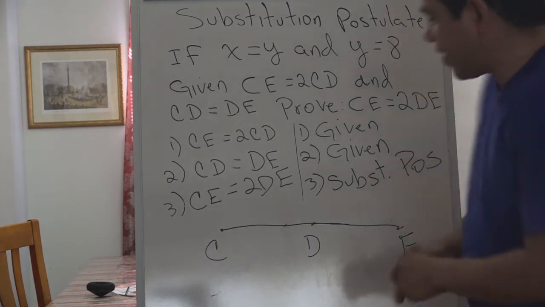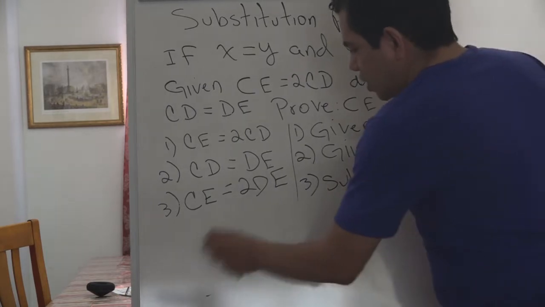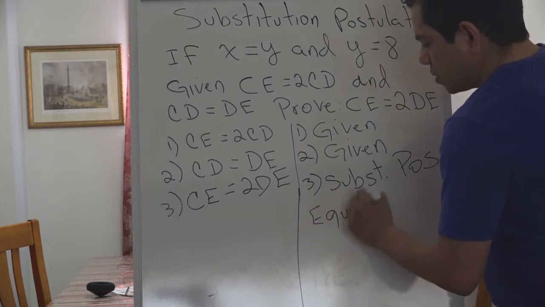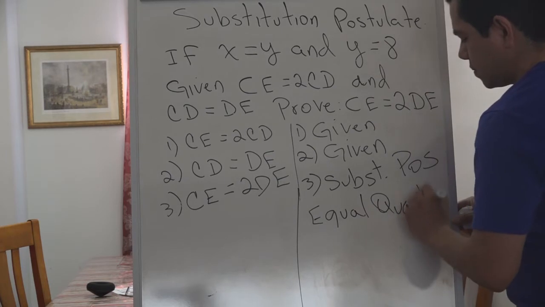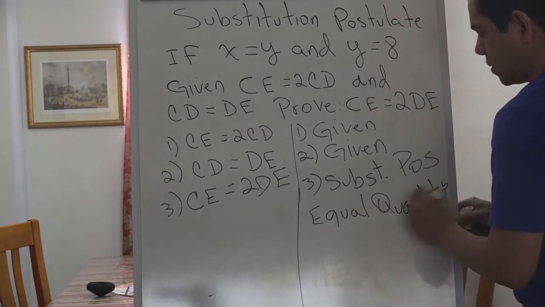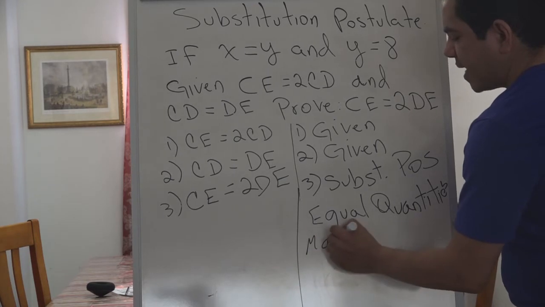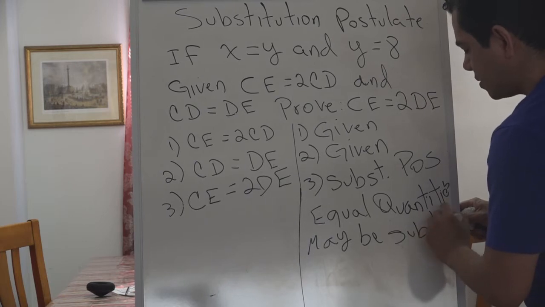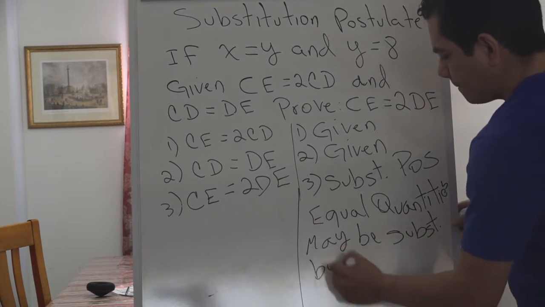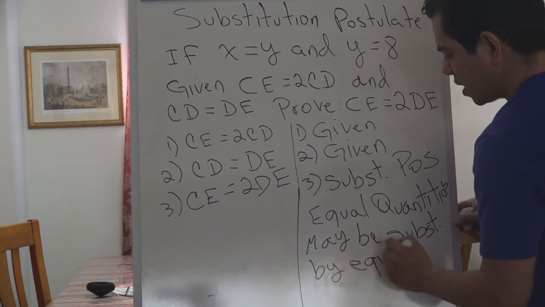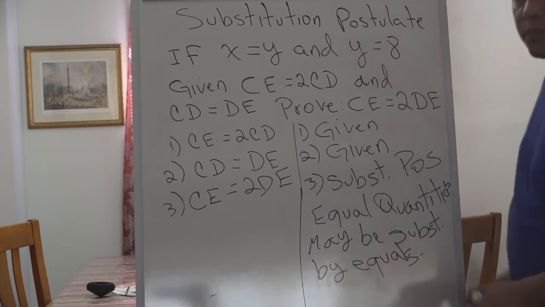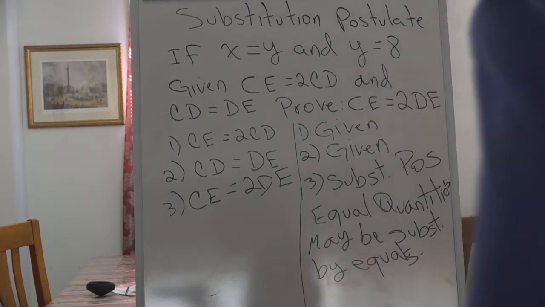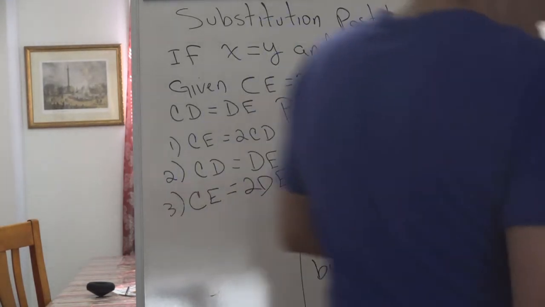And if you want to be more specific, you could say that equal quantities may be replaced or substituted by equals. That's what it says. Okay, so we got that.